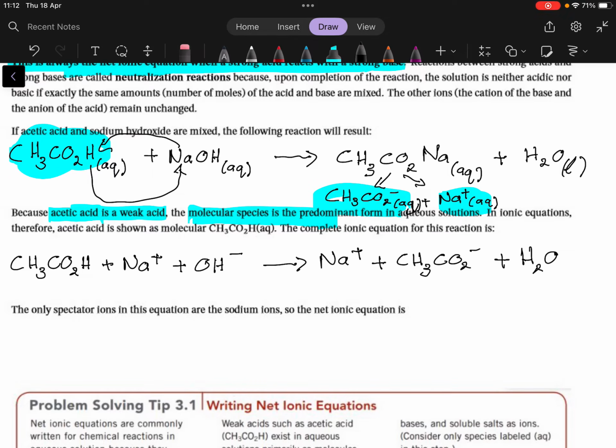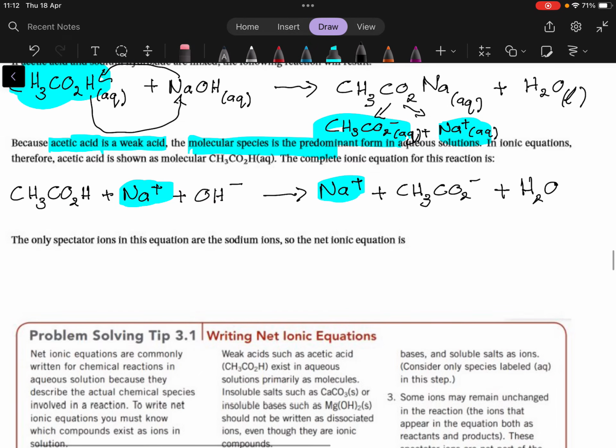Now the question is, what are the spectator species? There's acetic acid on this side, there's no acetic acid on the right-hand side. It needs to be exactly the same. There's a sodium here, and there's a sodium there, so that can be eliminated. Hydroxide is on the left, there's no hydroxide on the right, and water is just on the right.